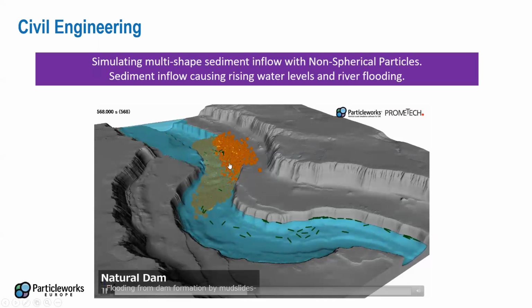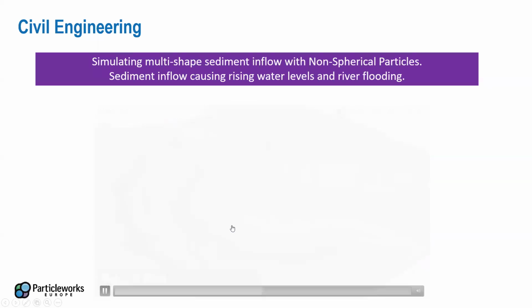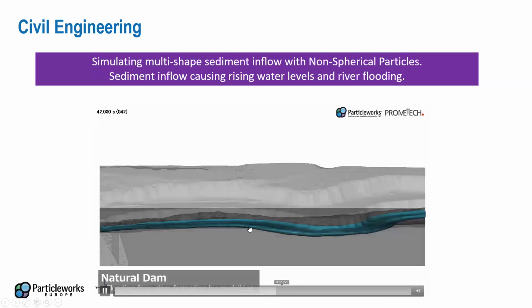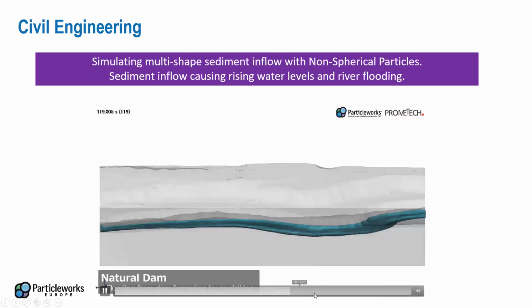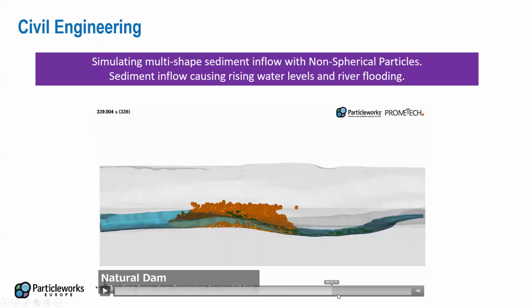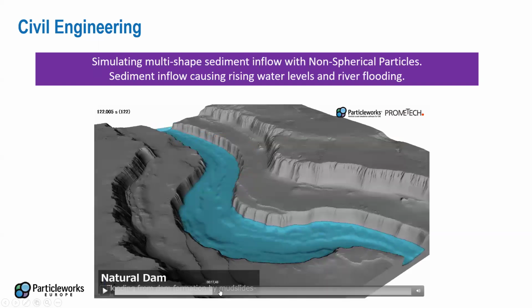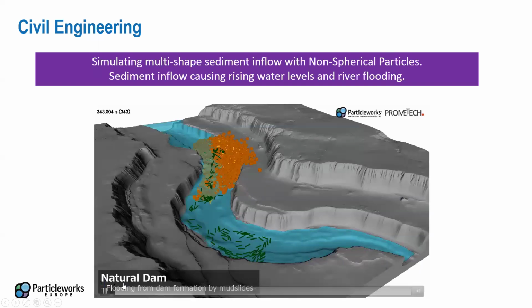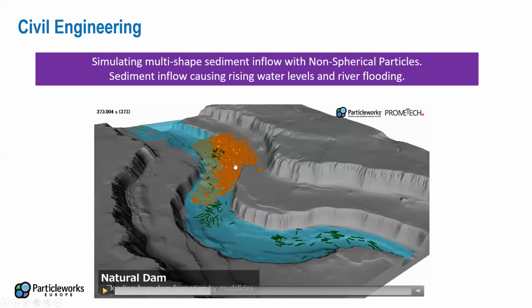So if we have some sort of undesired event like an avalanche or some debris accumulating on the river side, we can see again how the fluid flow is impacted by it. And here we have several shapes, like more elongated systems that could model trees and more squared or cubic elements that could model rocks.